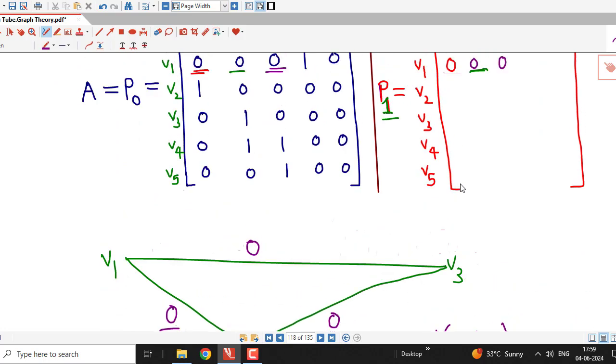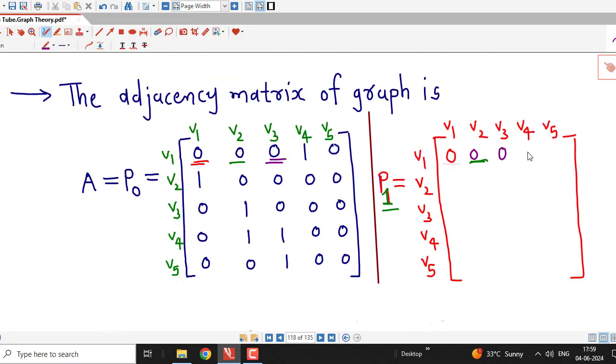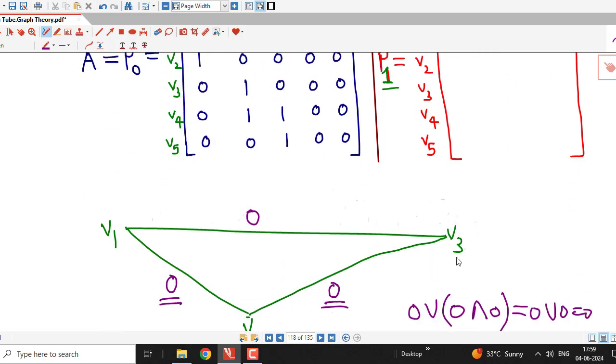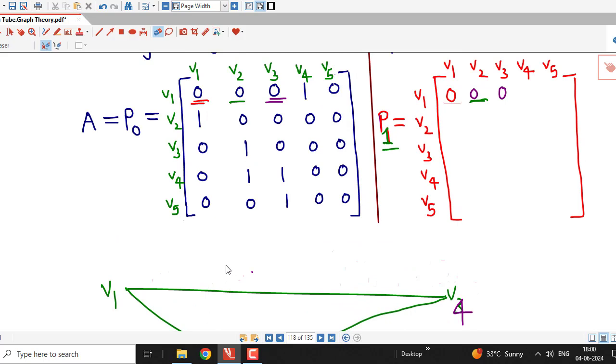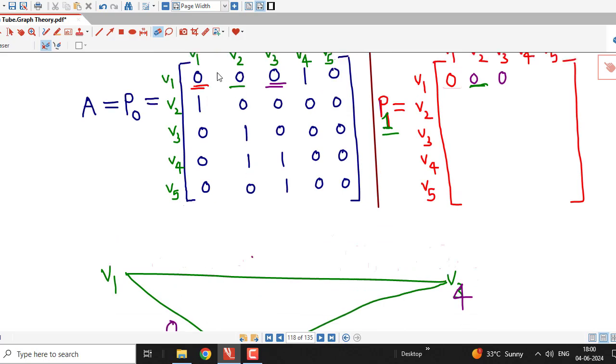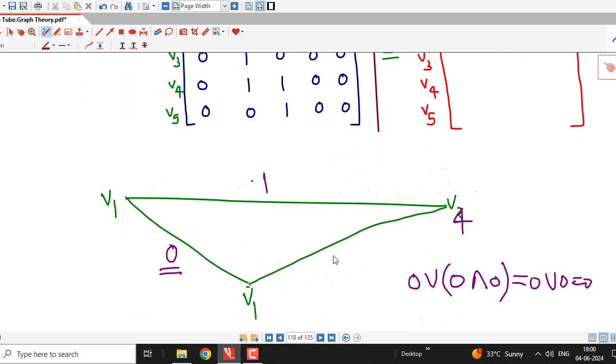Now suppose I am interested in this entry V1 to V4. So now here I will replace this by V4, and I will check for these two entries only, because this is from V1 to V1, it is 0. So now you can see from V1 to V4 we have 1, and from V1 to V4 here also we have 1.